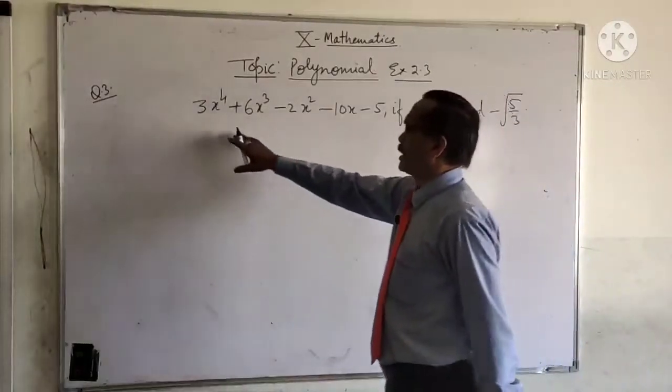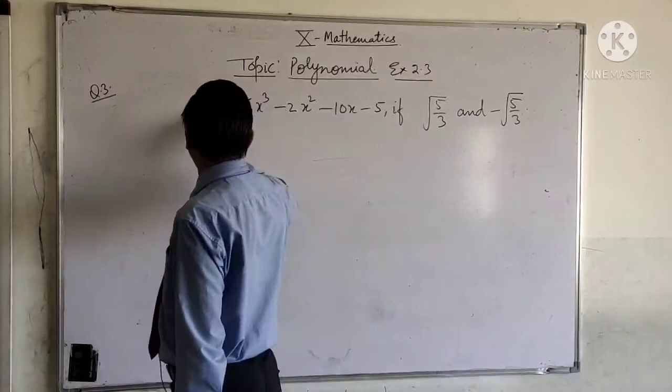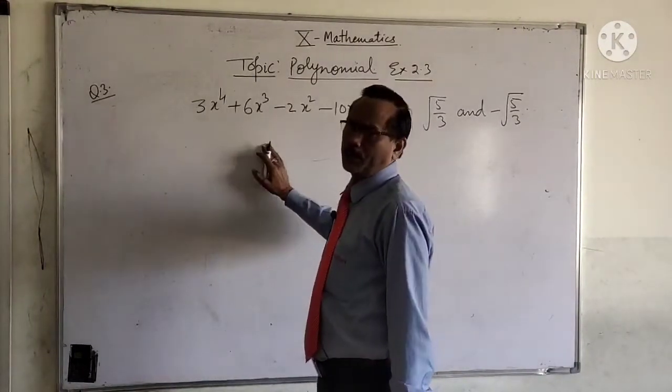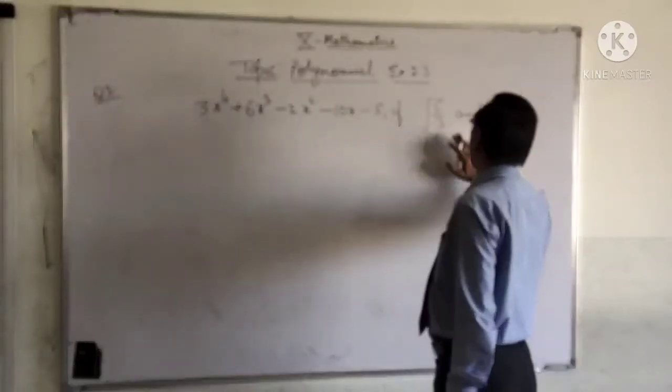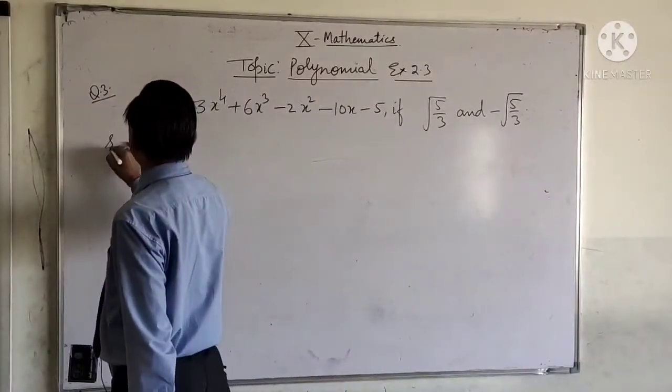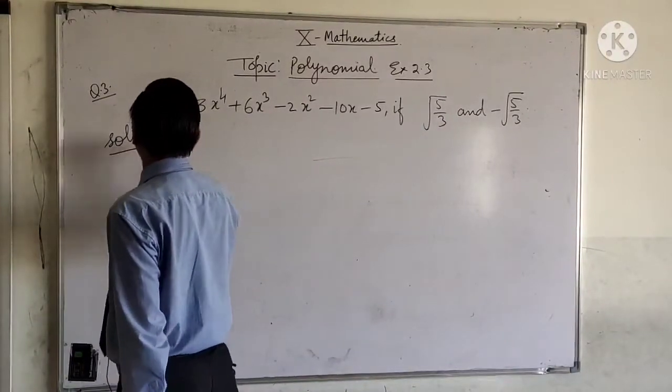Since this polynomial is of degree 4, it has 4 zeros. 2 zeros are given and you have to find the other 2 zeros. Now see the solution.